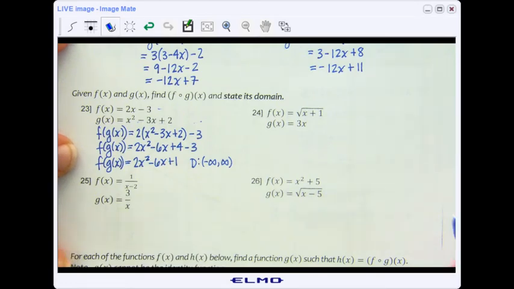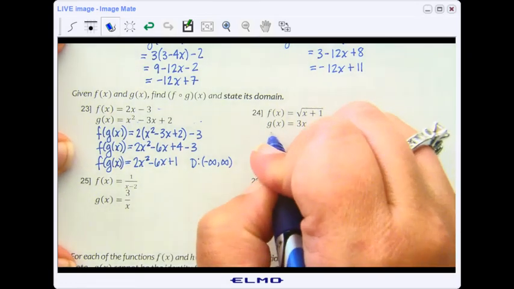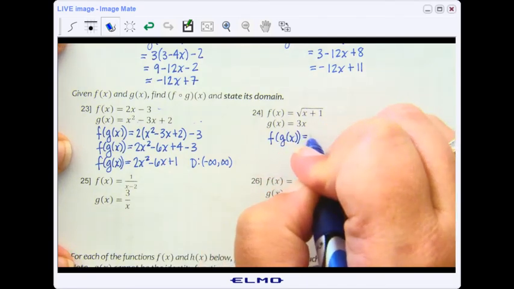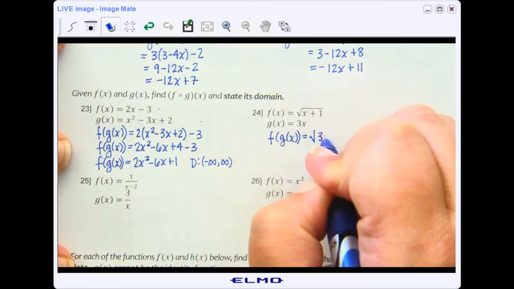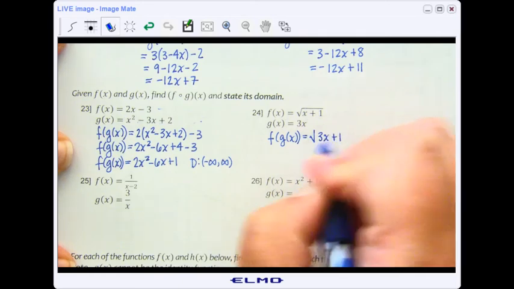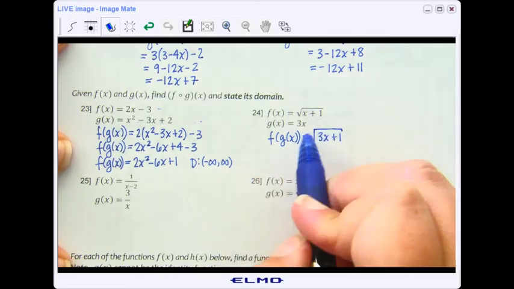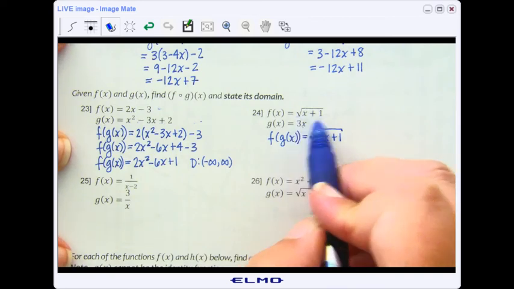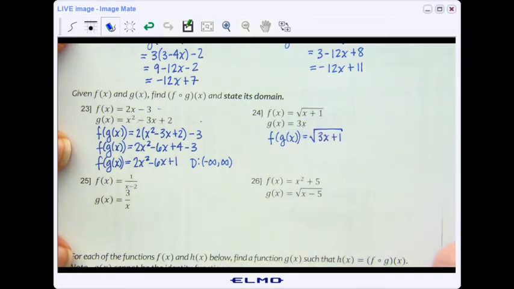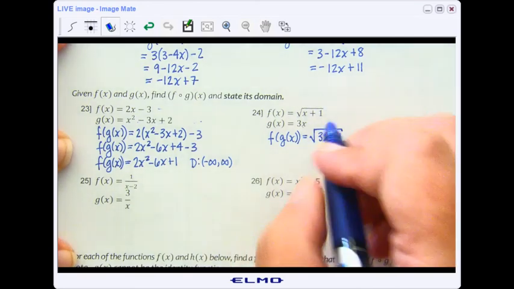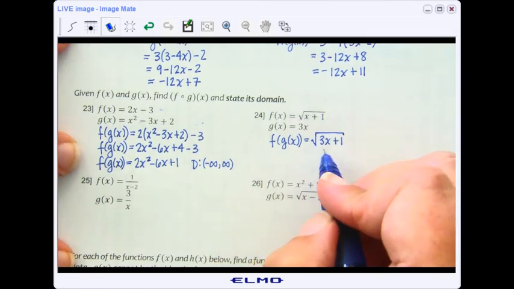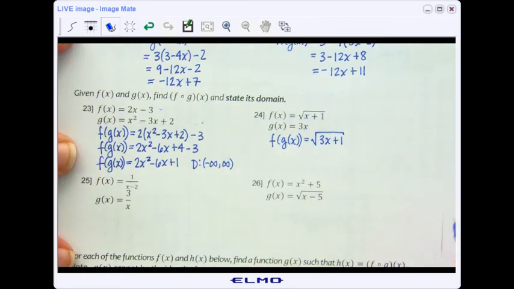In number 24, when we find f of g of x, we have the square root of 3x plus 1. The domain of g of x is infinite. However, the domain of f of x is not. So we know that the domain of a radical function has to be greater than or equal to 0.